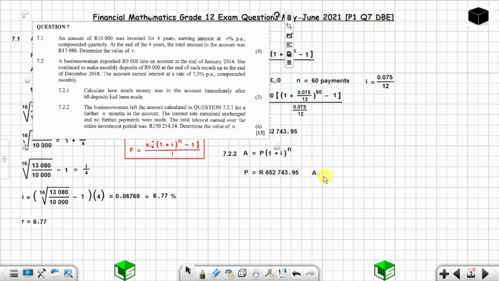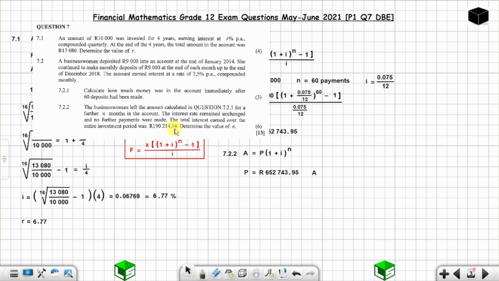This is not A. You have to be careful. You are told that this is the total interest earned over the entire investment. So this is the money earned on top of another amount. Interest means the money earned on top of.